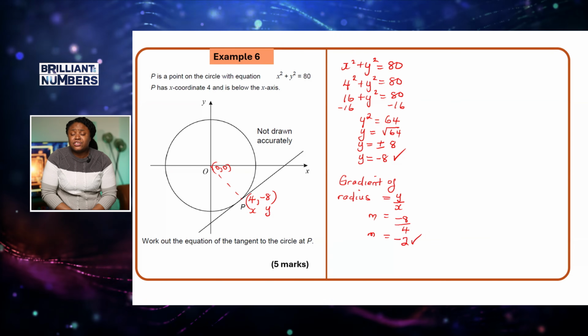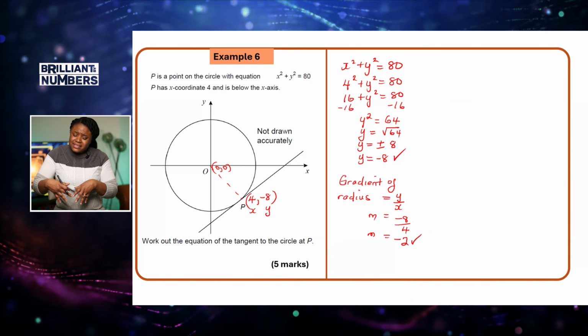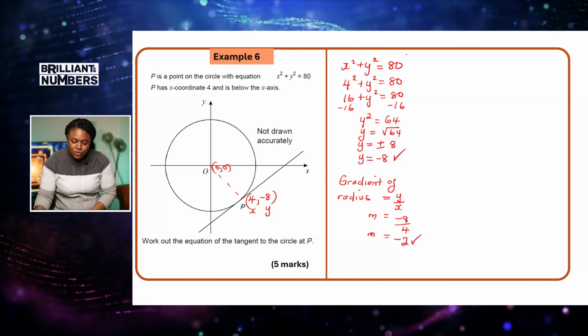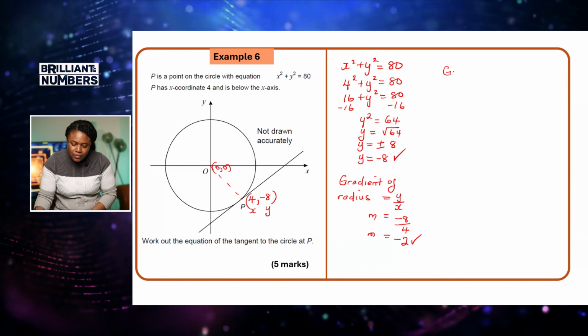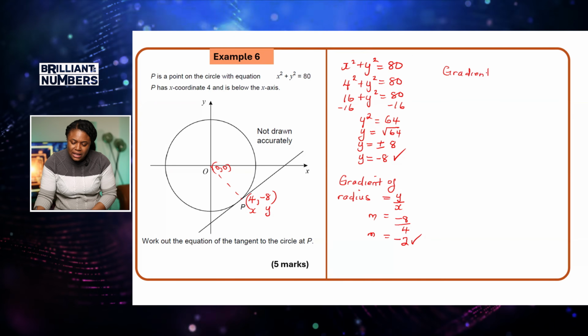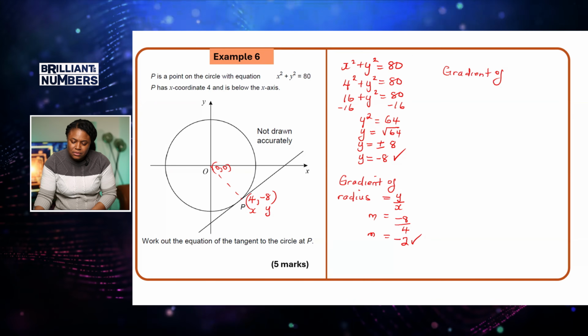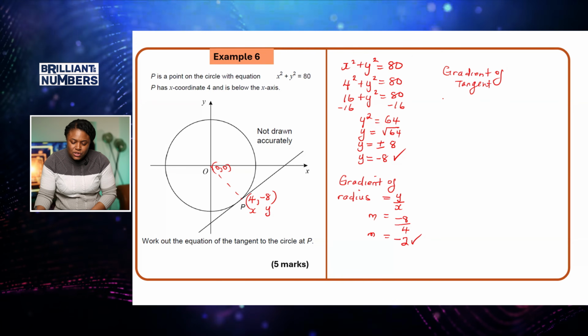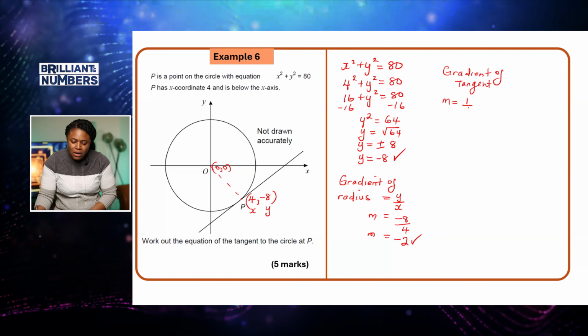Now I need to do the negative reciprocal of that for the gradient of my tangent. So the gradient of the tangent will therefore be positive 1/2.